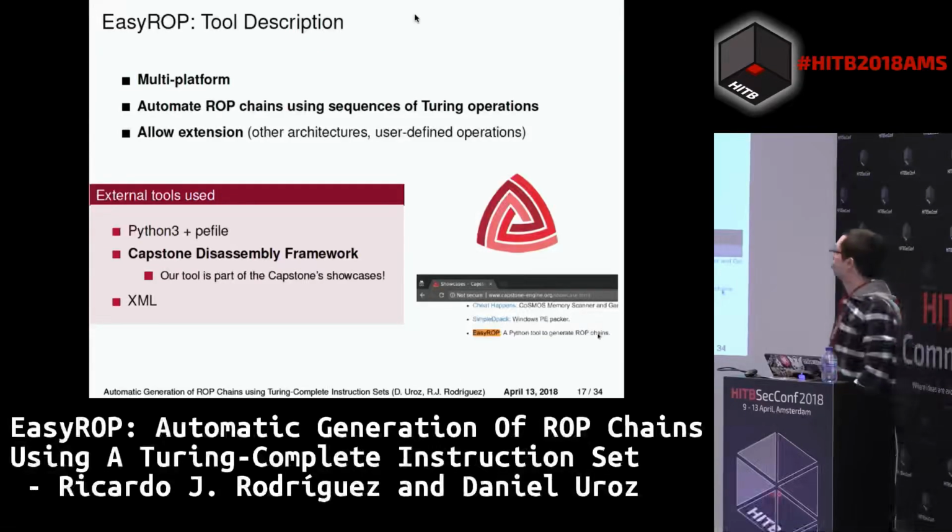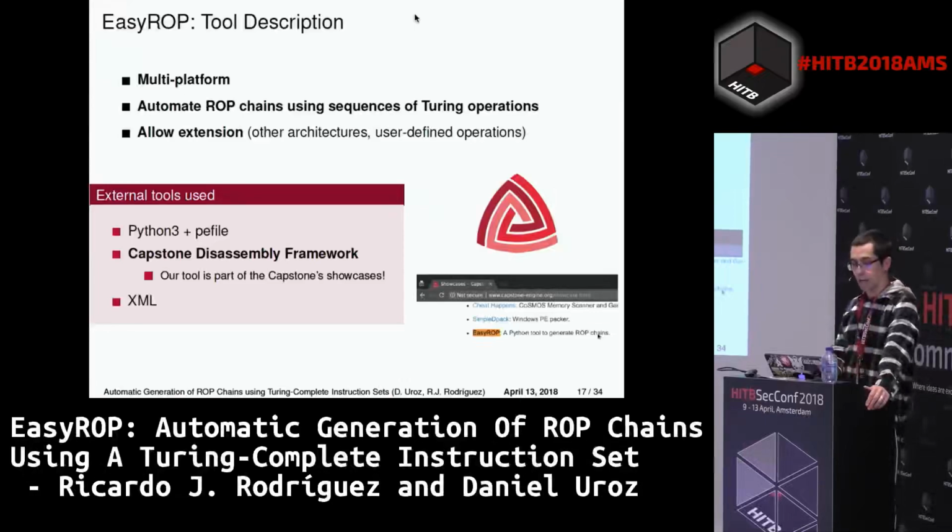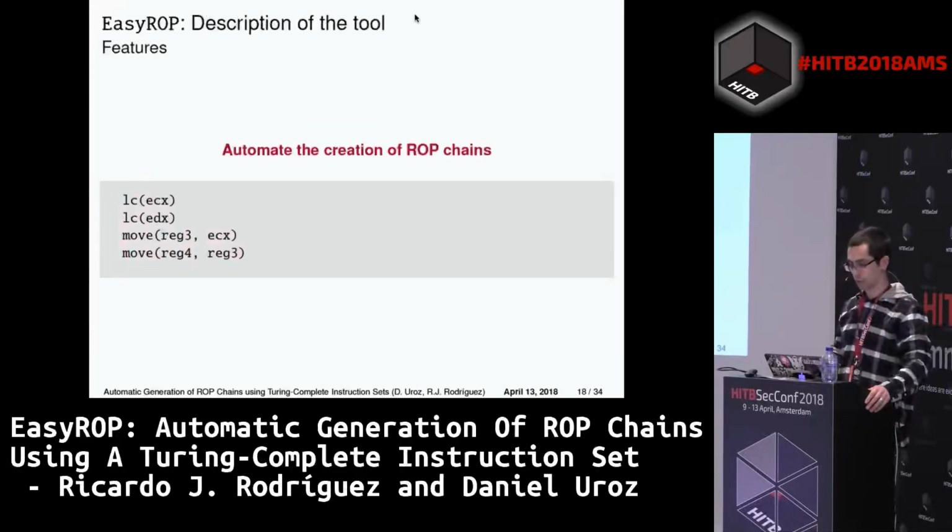In fact, our tool is part of the Capstone showcases on the website of Capstone. For the user-defined operations and for defining the Turing machine operations, we have used XML. Maybe it's a bit old, but we are still working on it.